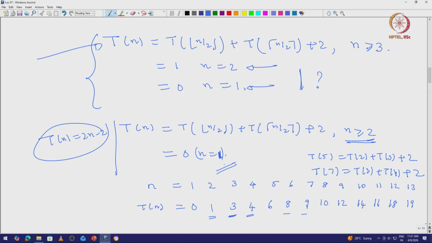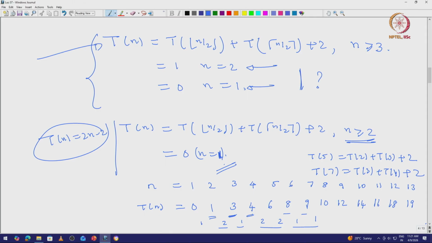Now let us see the difference. The difference is 1 here, the difference is 2, the difference is 1 here, the difference is 2, 2, 1, 1. The difference is 2 here and 1 here, then the difference is 2, 2 and 1, 1.